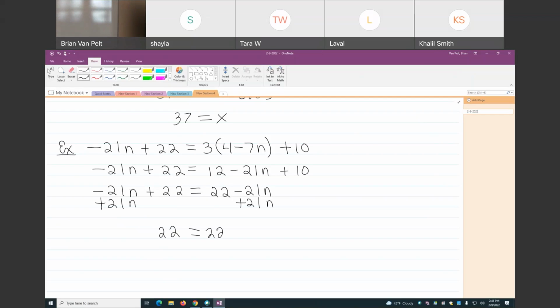This is what you write: n equals all numbers. You can literally take any number you want in the original equation and put any number you want for n, and this equation will equal out.